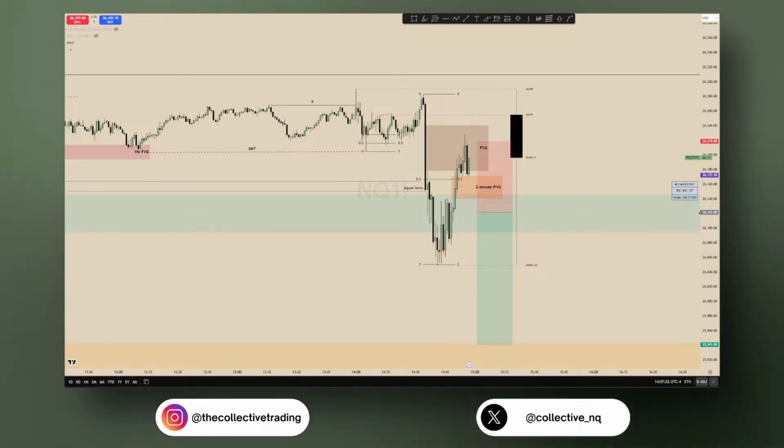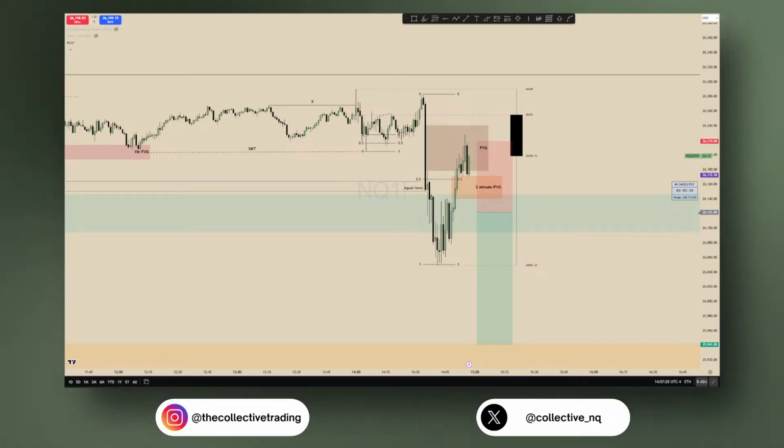Or did it trade down into that 2-minute? We traded into that 2-minute right there. It's not an inverse fair value gap yet. I should remove that. It's a fair value gap.